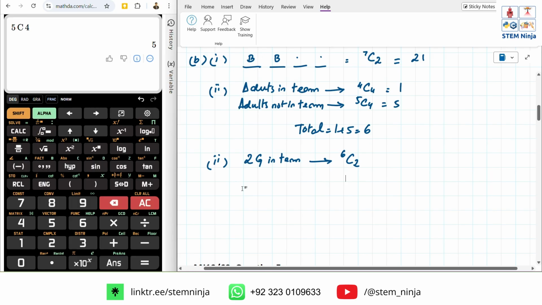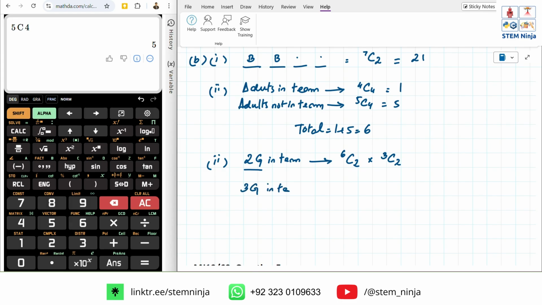And since we had three girls, choosing two girls gives 3C2. Now, three girls in the team. So you will have only one person left to choose from, from the six, and for the girls, 3C3.